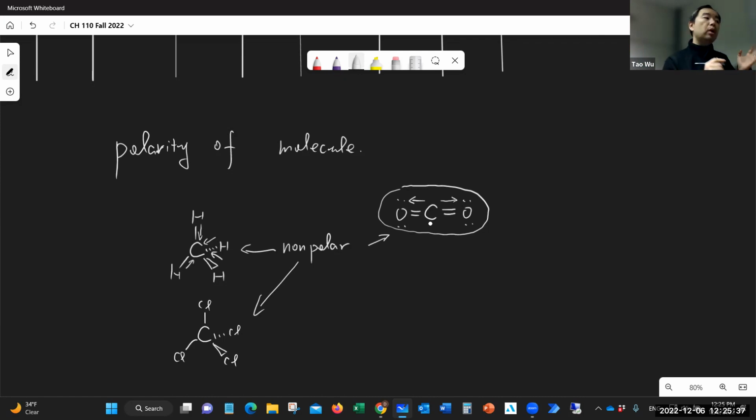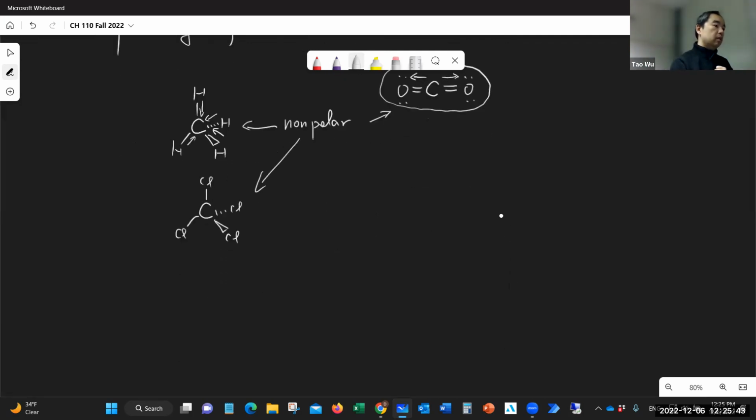Okay, now what kind of molecule is a polar molecule? You can see, for example, oxygen, the water. Water is like this, right? We talk about water being bent. So why is water a polar molecule? You can think about oxygen having a stronger electronegativity than the hydrogen.